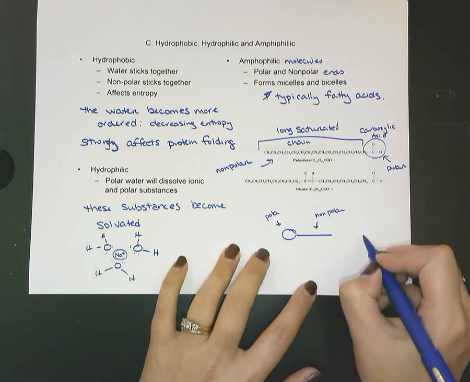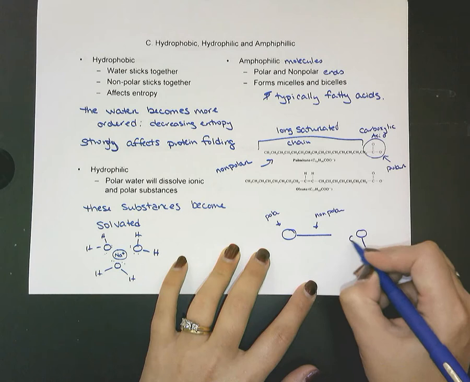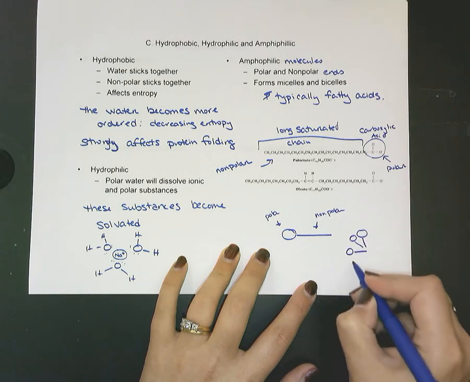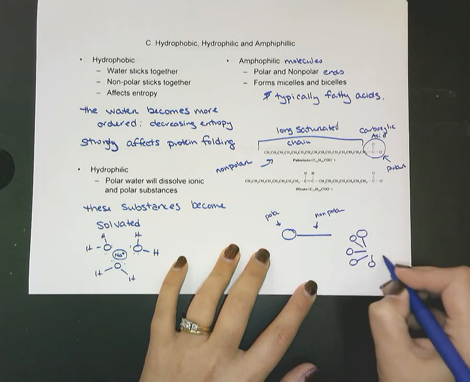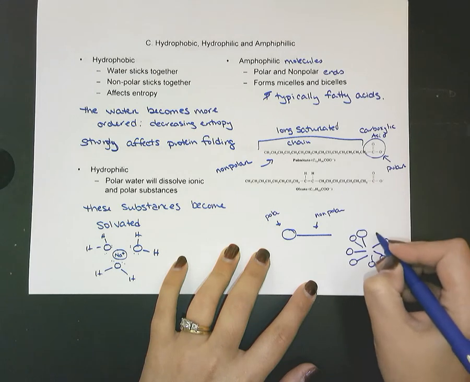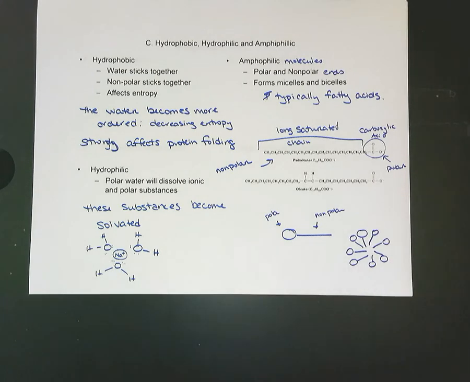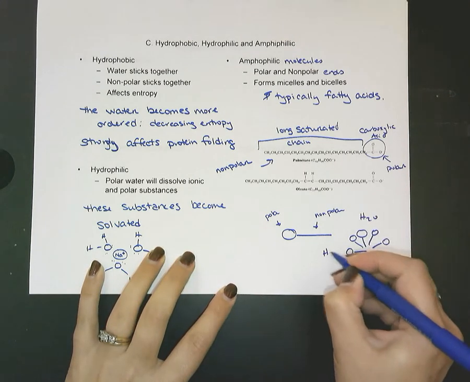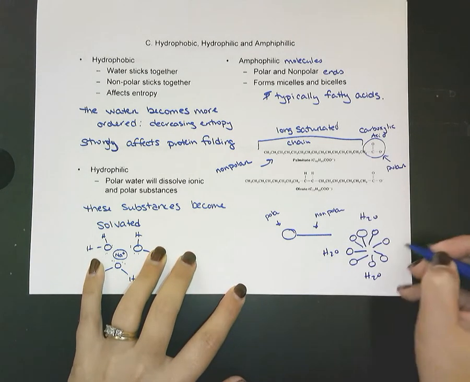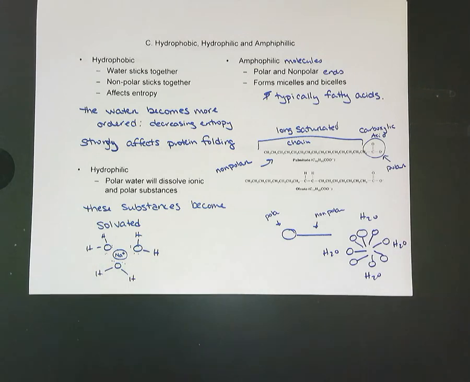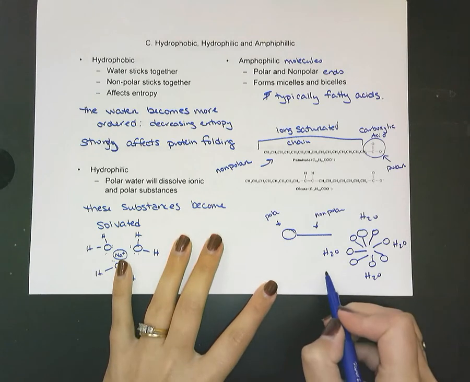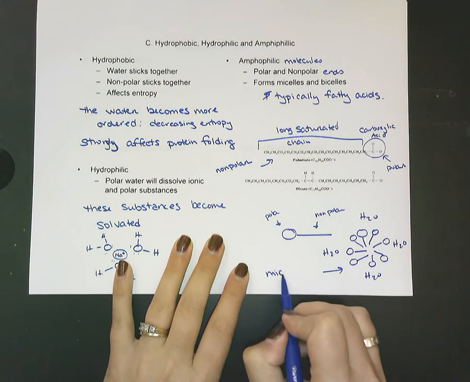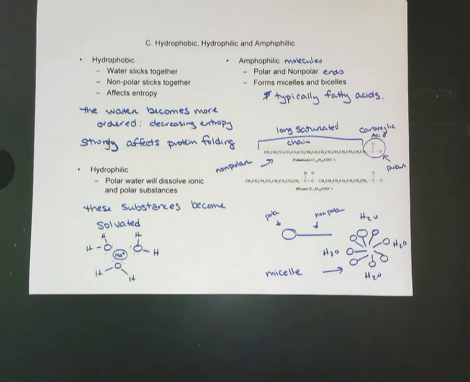Polar end. So they're going to start to associate like this. Where all my polars are on the outside being surrounded by water. And all my nonpolars are on the inside associating with each other. This is a micelle, where it's just kind of a sphere, a single sphere.